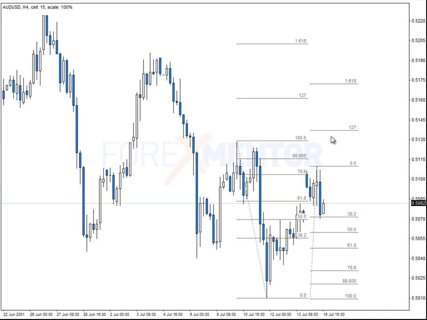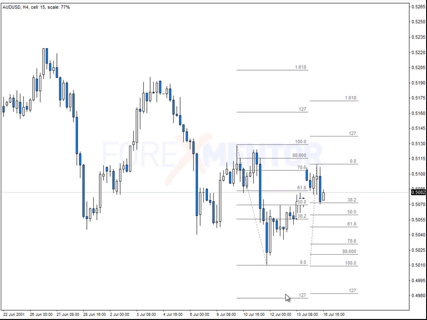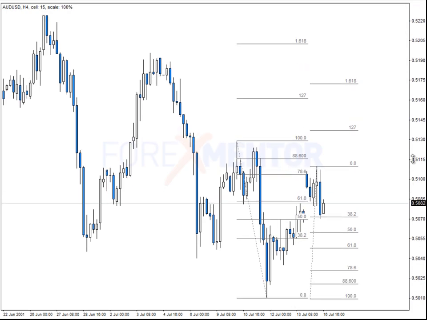So we've got a few levels to watch. You can either look at these areas down here, or we can look at these areas to the top side. So if we follow price along, you can see we retrace to the 50, start to rally.